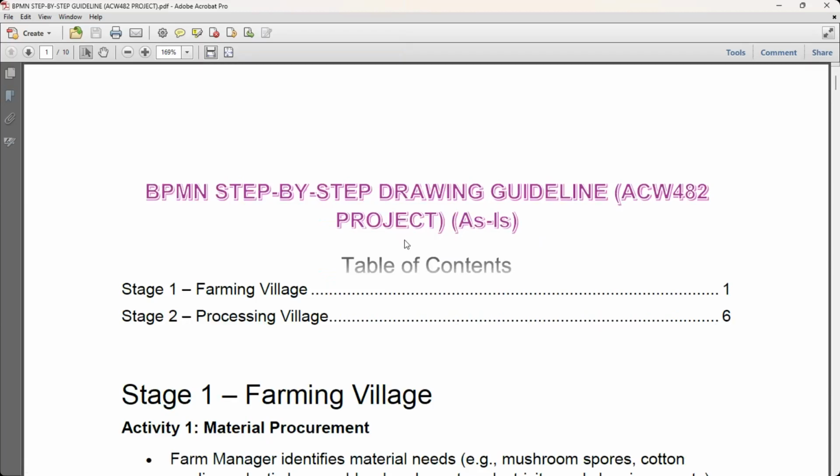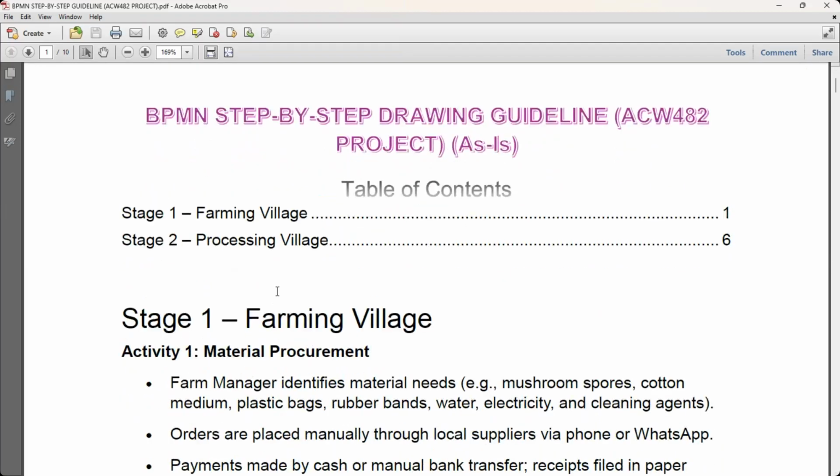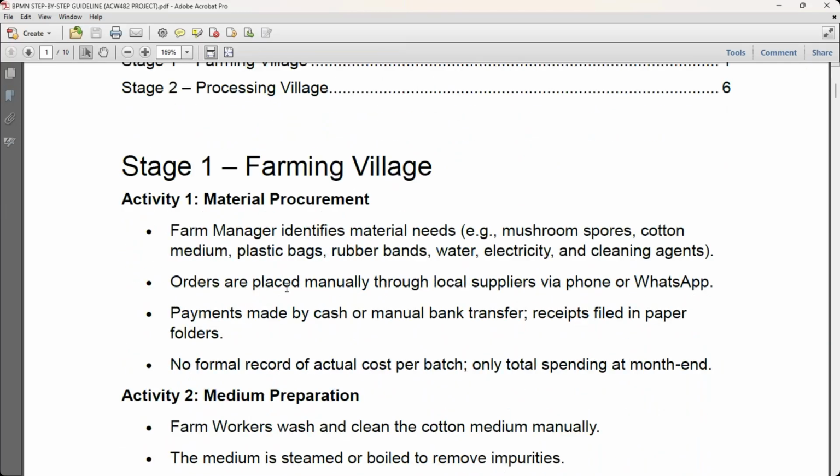Anyone can come to the village and they just sell the mushrooms. So the to-be is the one where you will introduce the e-commerce, right? That will be the to-be stage. So let us go through this process over here.